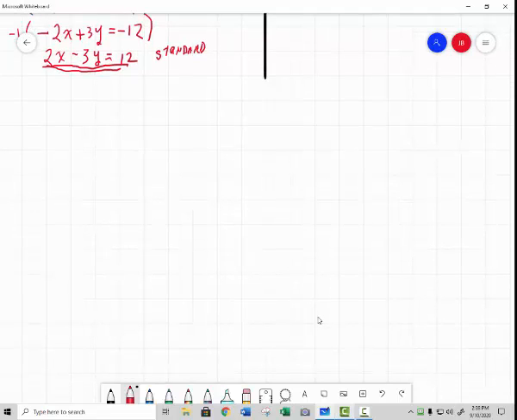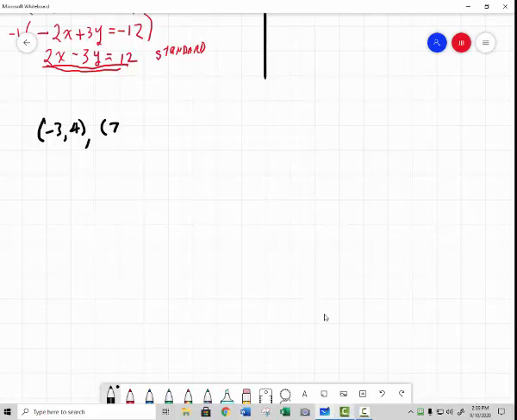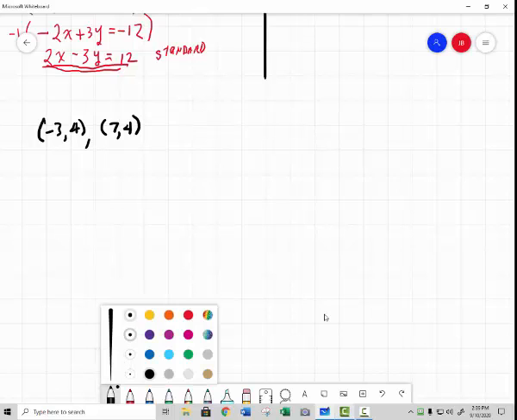Let's suppose that I have 2 points. And my points are (-3, 4) and (7, 4). Okay, now I want you to think about for a minute the formula for slope.